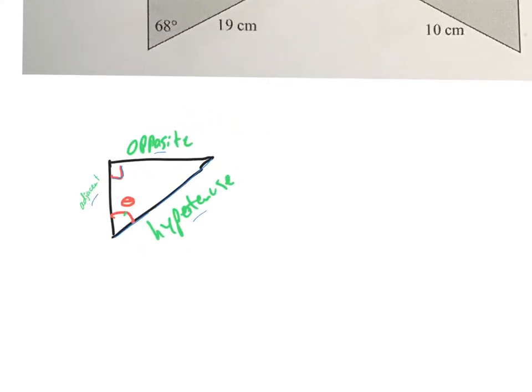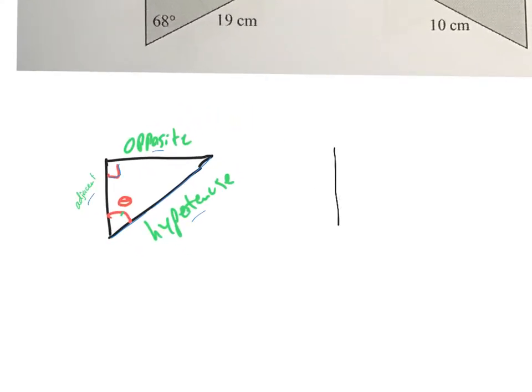If we looked at another triangle, here's our 90-degree angle. If we were looking at that angle theta, across from the 90 is the hypotenuse.